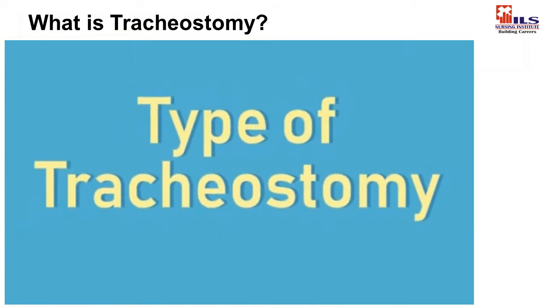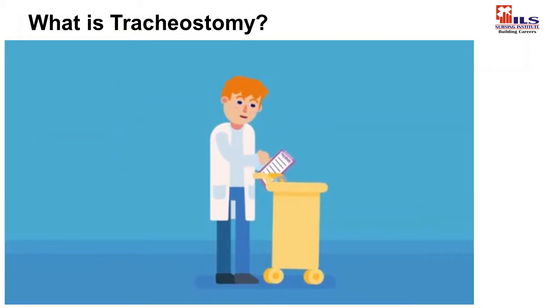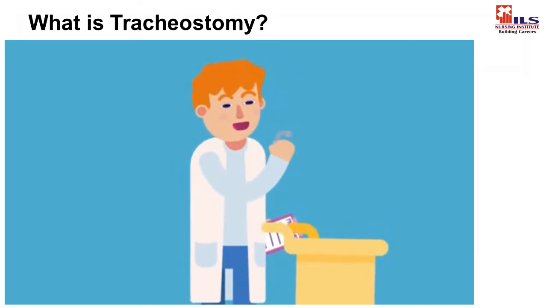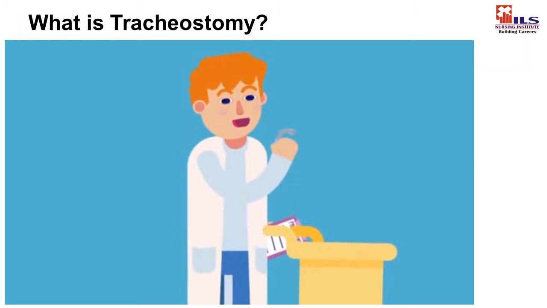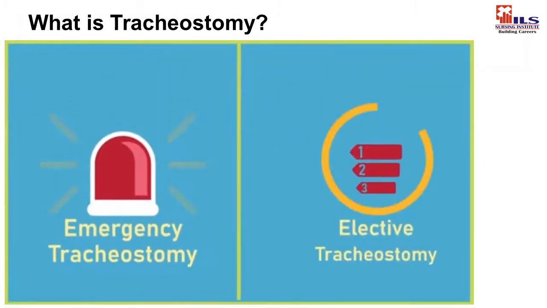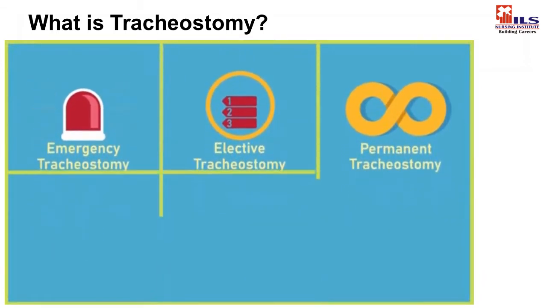Types of tracheostomy. There are various types of tracheostomy procedures, depending on the circumstances of the patient and the treatment intent. Similarly, there are various types of tracheostomy tubes, each with specific functions. The common types of tracheostomy procedures are 1. Emergency tracheostomy, 2. Elective tracheostomy, 3. Permanent tracheostomy, 4.